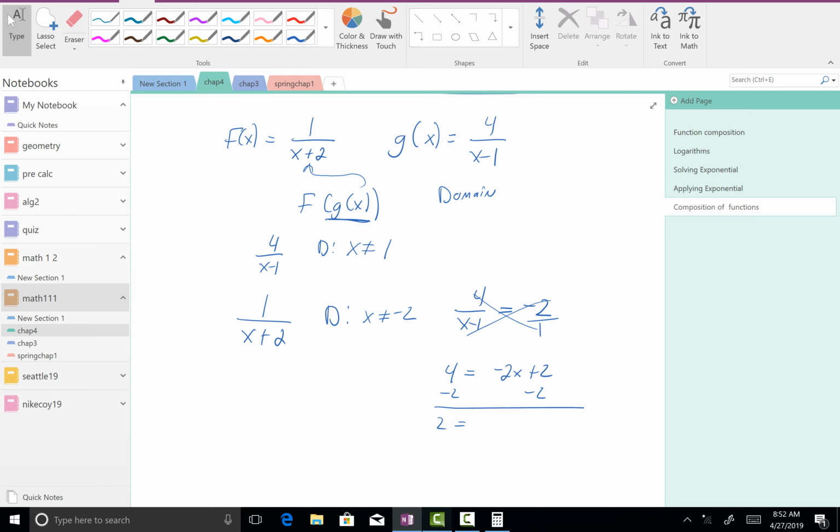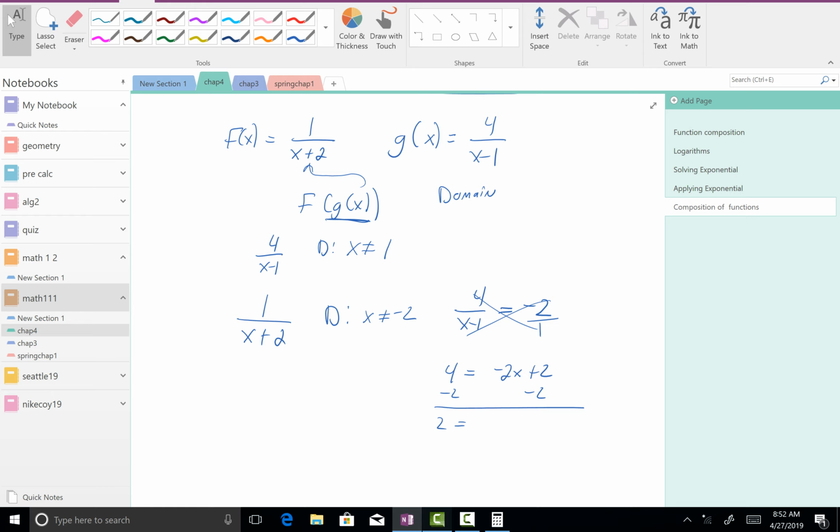We said we can't have -2, because that's the input for that. So now we're saying that this can't have an input of -2, so we come back to the G inverse and say, when will that happen? What x is going to give us a -2?